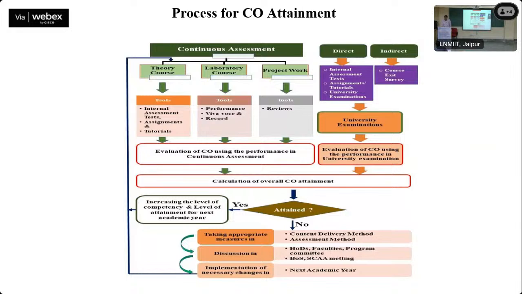So it is the responsibility of whom? Let's say if you want to do the attainment calculation of PO or PSO, whose responsibility is it? Responsibility of a teacher? PO. CO is the responsibility of the teacher.